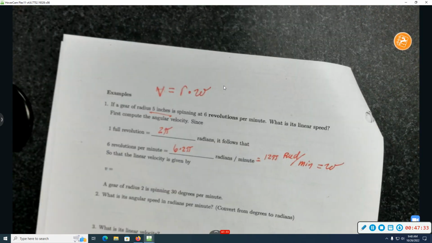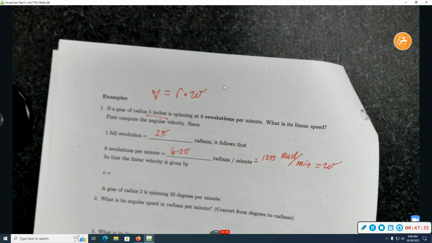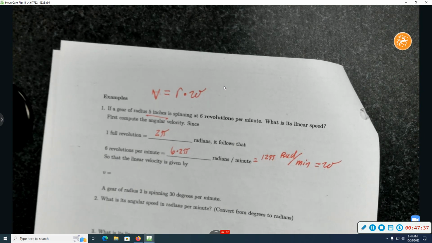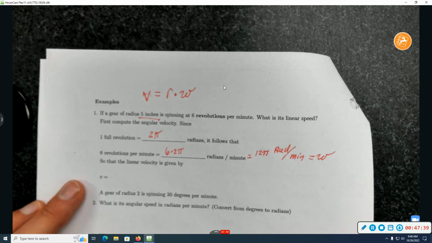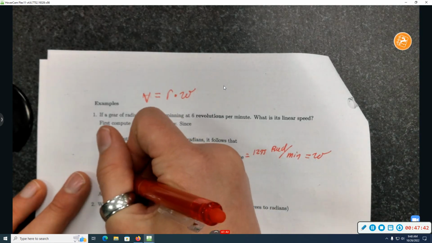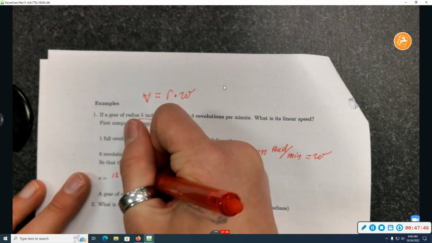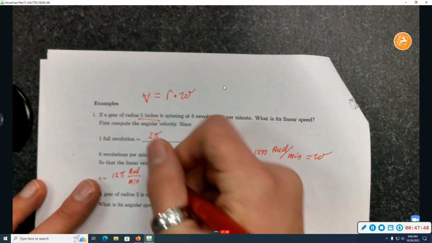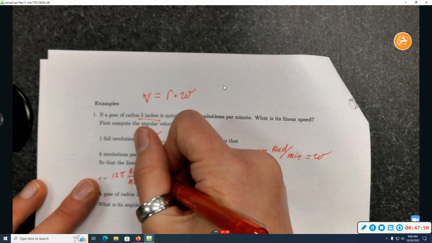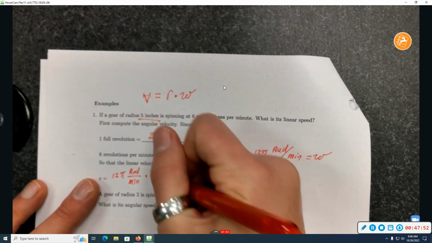Does the problem tell me what the radius is? Yeah, if I want the linear speed, I should multiply those two things together. So 12 pi radians per minute, times radius 5 inches.